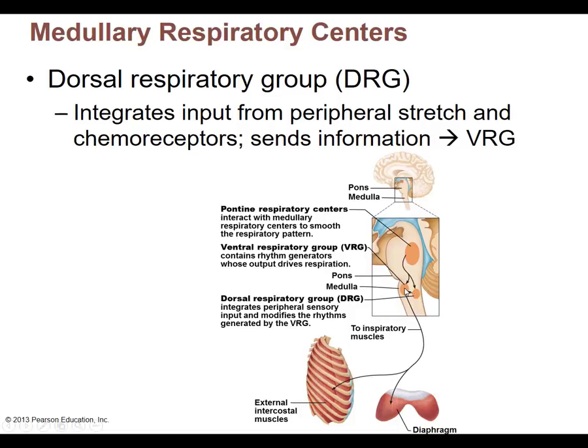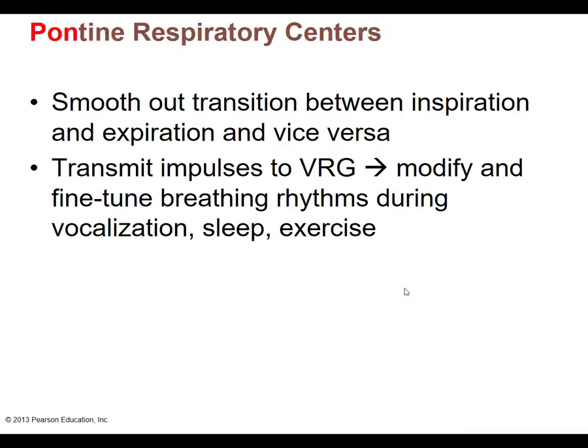I'm just receiving information. The pons is called the pontine respiratory group, and it smooths out the transitions between inspiration and expiration and vice versa, so that we have nice, clear breathing in, breathing out, with no stopping and no gasping.